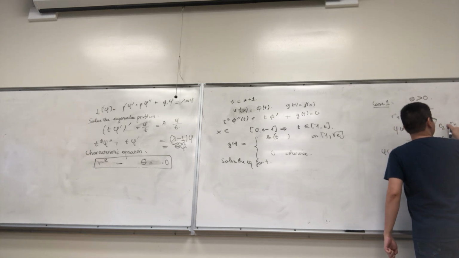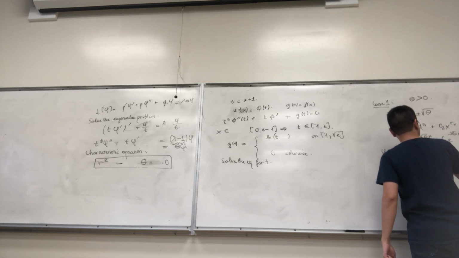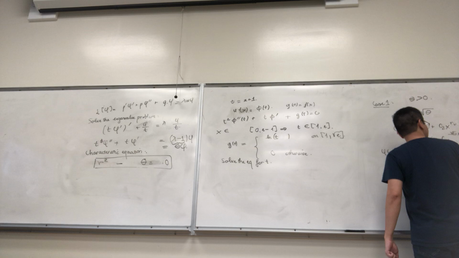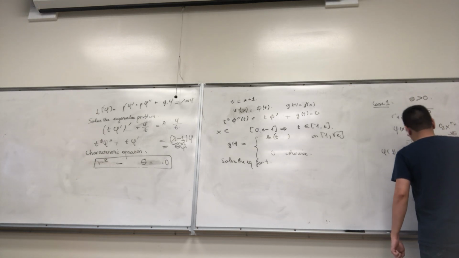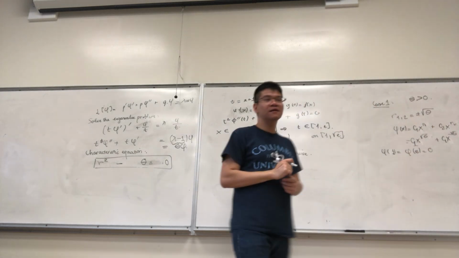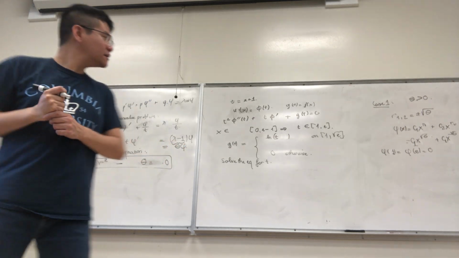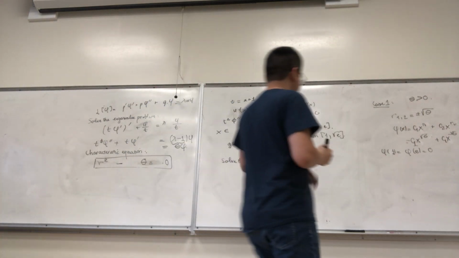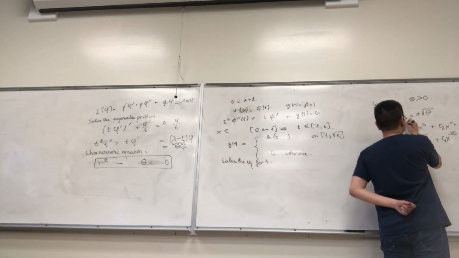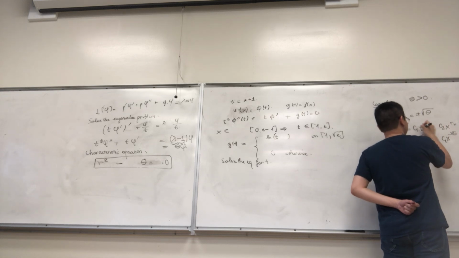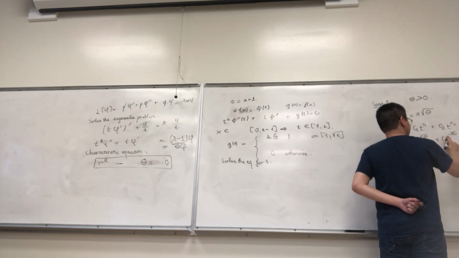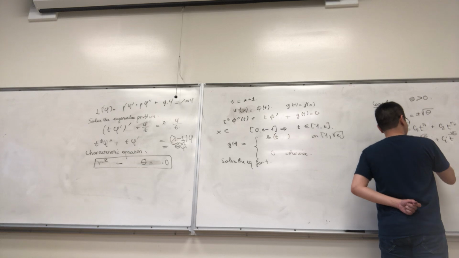So you have x to the square root theta and x to the square root minus theta. But should we be using T at all? Yes, you use t. So you have t. All right?